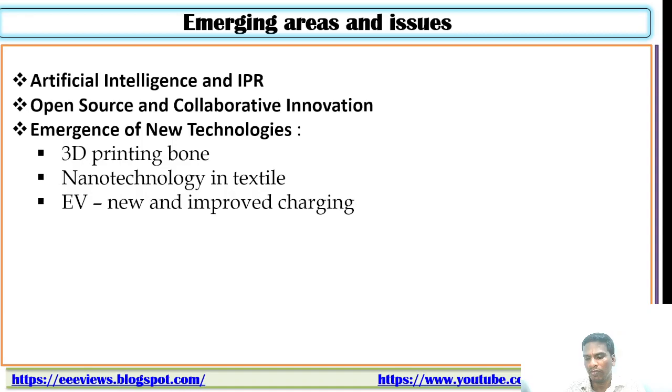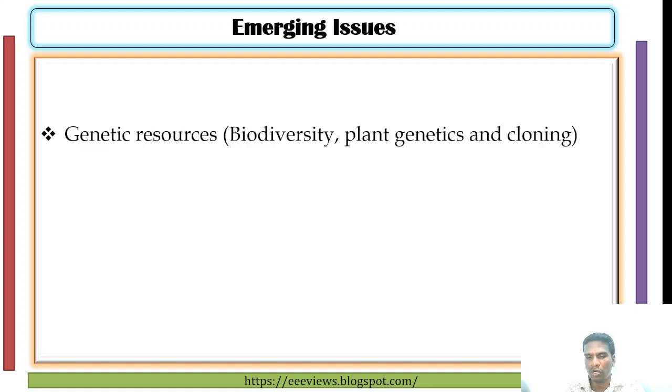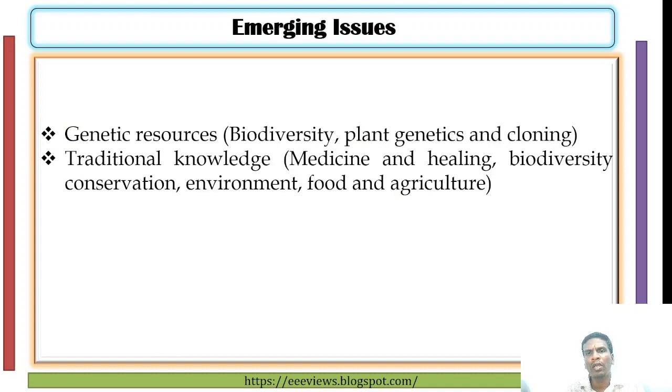Next, the emerging issues are mainly focused on genetics: biodiversity, cloning, changing the structure of DNA. So these are the genetic issues that are happening. Then traditional knowledge, such as traditional knowledge of medicine, food, and agriculture. There are also issues happening with traditional knowledge.